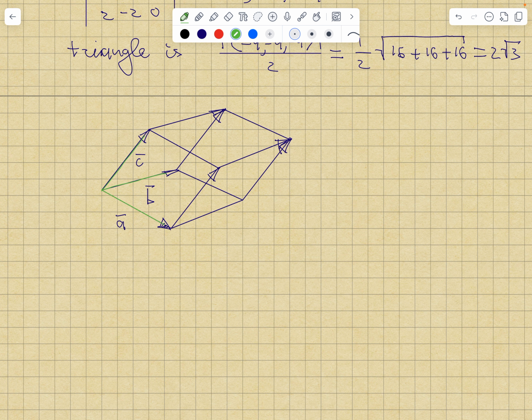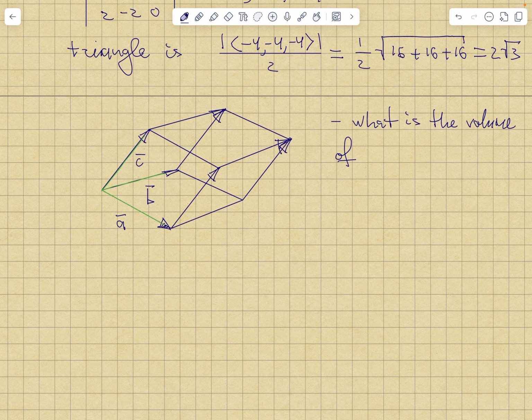So I can ask an analogous question to what I asked about the parallelogram. So what is the volume of this solid figure? And its name, because it's formed by parallel lines, is parallelepiped.